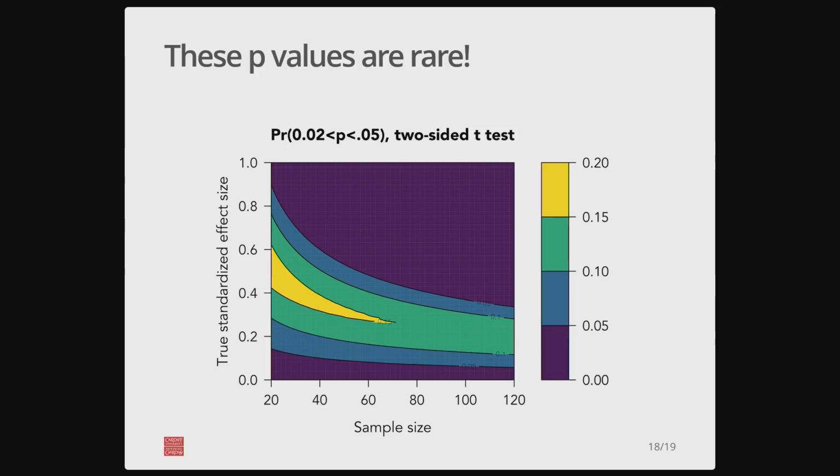You have to really get lucky in order to get the proportion of p-values out of the single-digit percentages. These p-values between 0.02 and 0.05 that even by the best argument are the problematic ones that are causing the replication crisis are quite rare, it turns out.